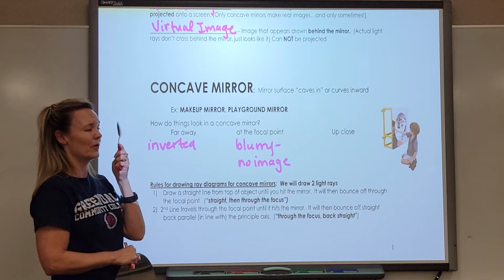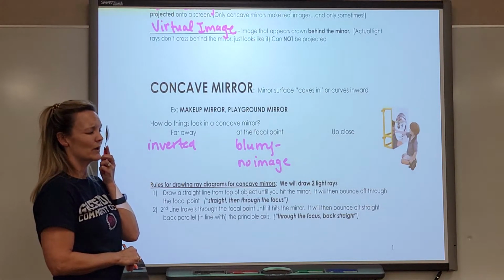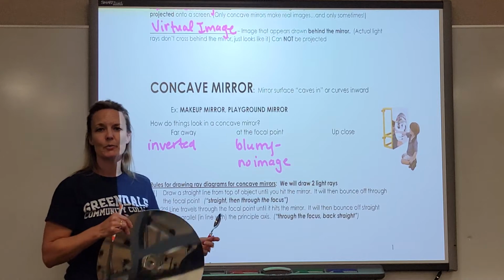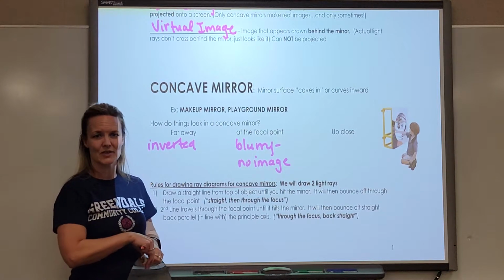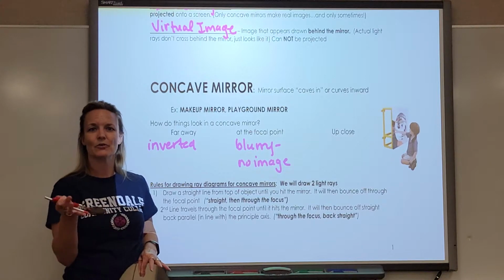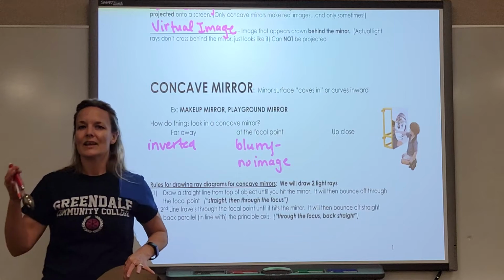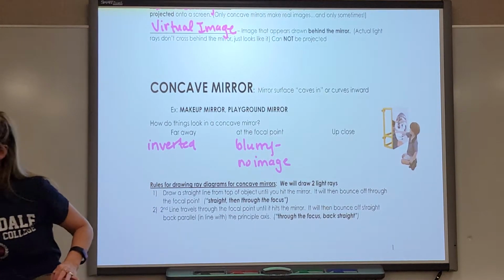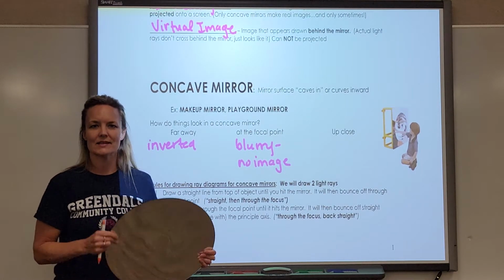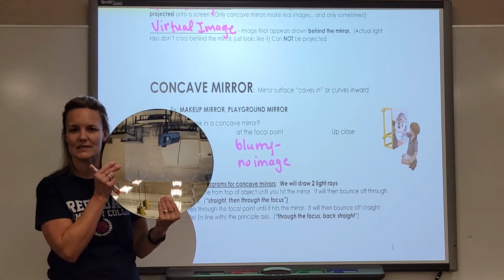But if you keep going a little bit closer, it's a little harder in a spoon, but I can see my eye. I'm going to pull this towards you here for a second so you can see that. What you are going to see is that up close, it flips right side up again, upright, and it gets bigger. It kind of magnifies it a little bit. So as I come towards you, far away, the object is upside down.